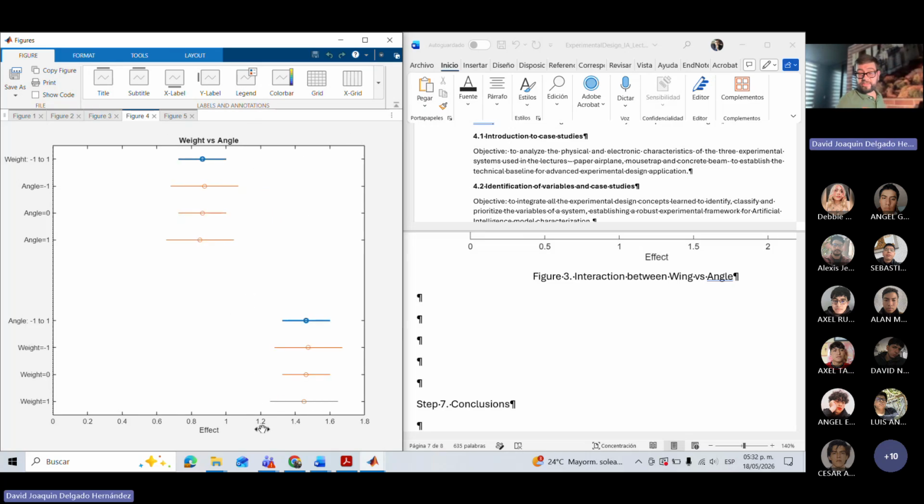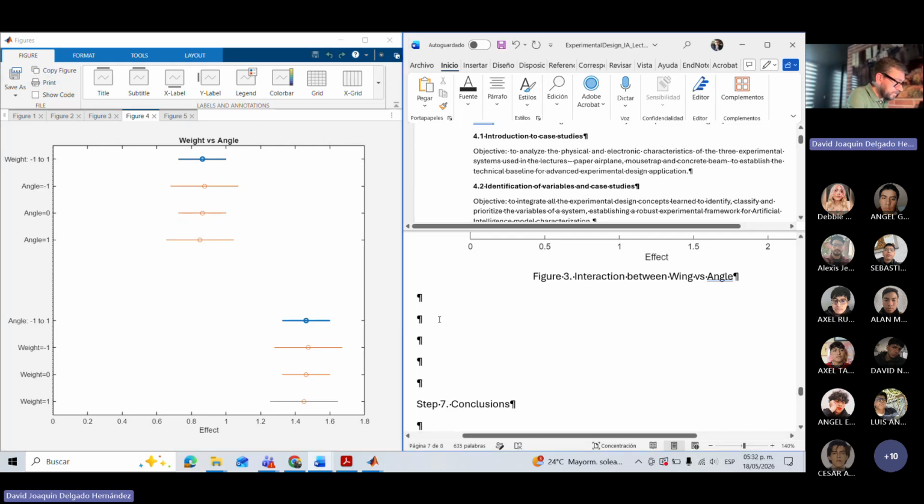There is no interaction because one is very close to the right-hand side and the other is very close to the left-hand side. So there is no crossing between these lines. So that means that there is no interaction. So let me copy this figure. So I am going to put it here, paste.